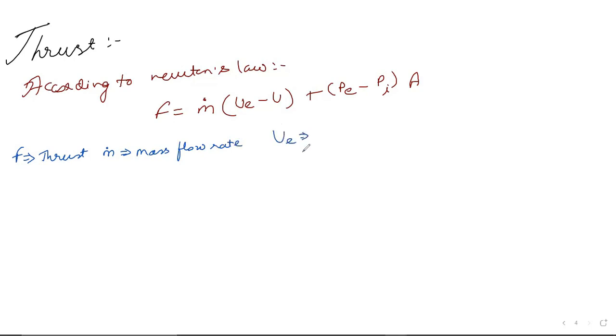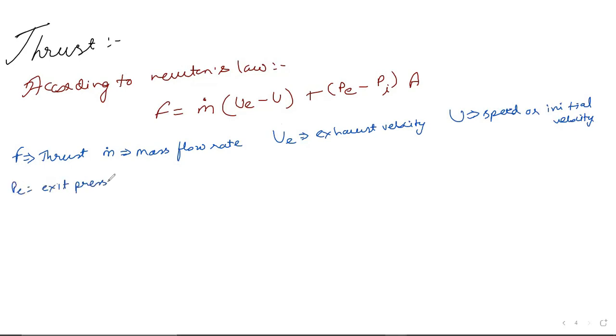Ue is the exhaust velocity. U is the speed of the aircraft, or initial velocity. Pe is the exit pressure. Pi is the initial pressure, or inlet pressure. And A is the exit nozzle area.